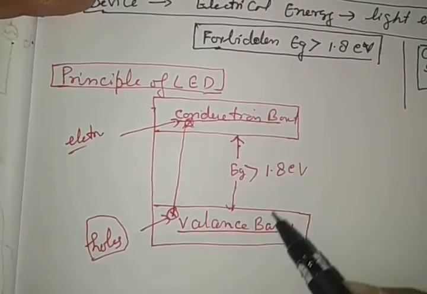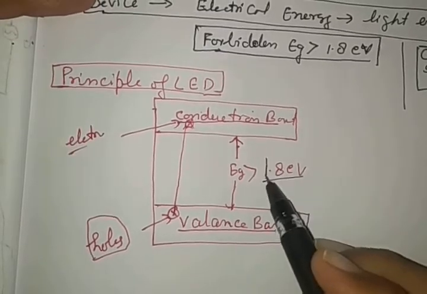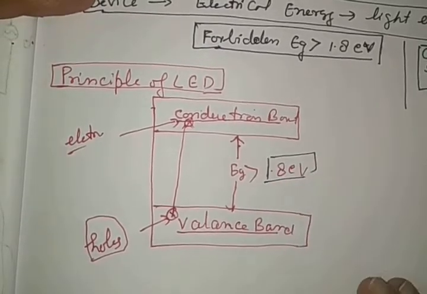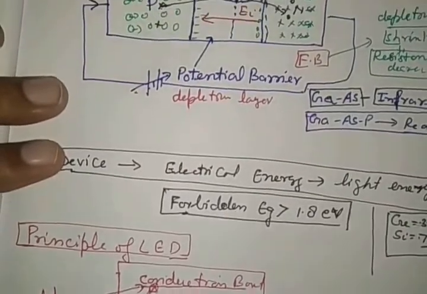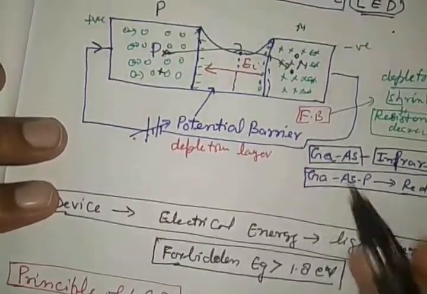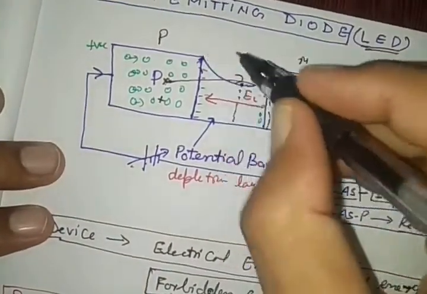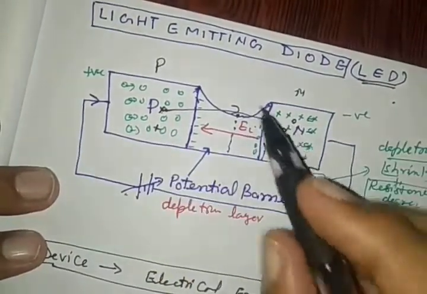See in the circuit, the same amount of energy is released. This energy is released here when the electron jumps.